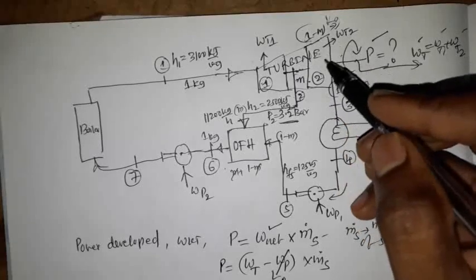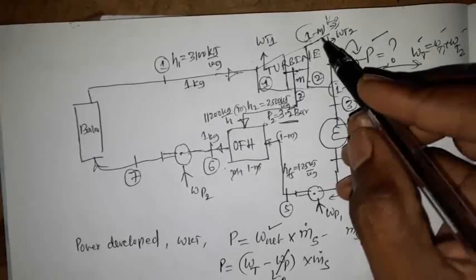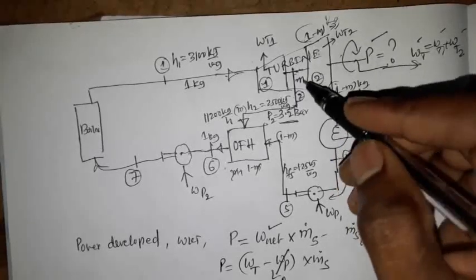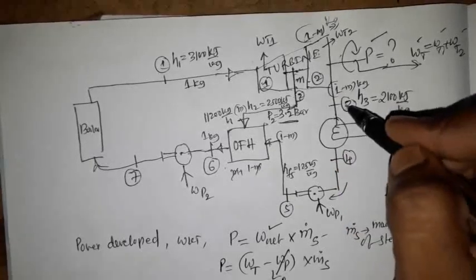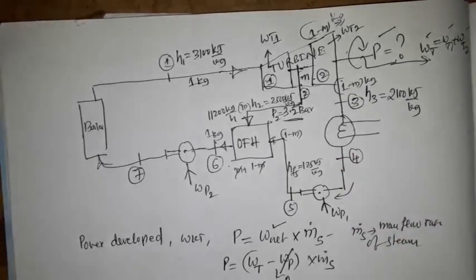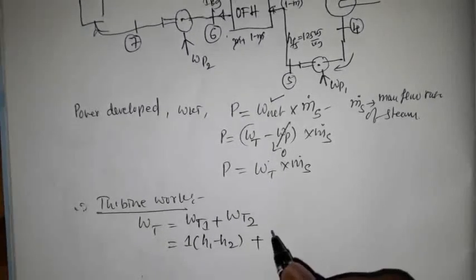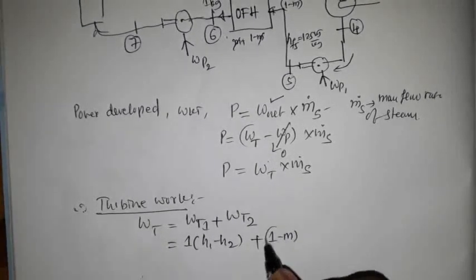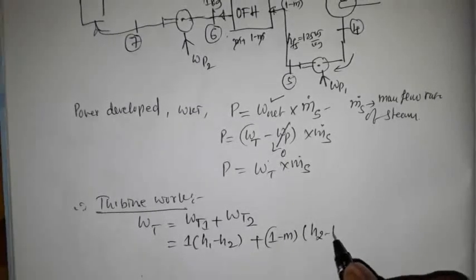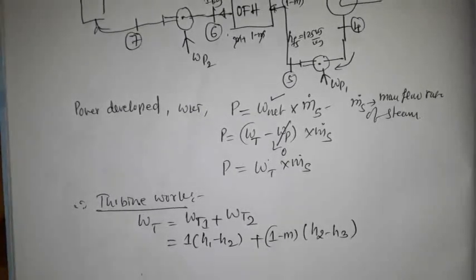This 1 minus m kg is flowing in stage 2, and the change in enthalpy is H2 minus H3. So the same thing we'll write for WT2 here, that is 1 minus m into H2 minus H3. So this is the turbine work formula.